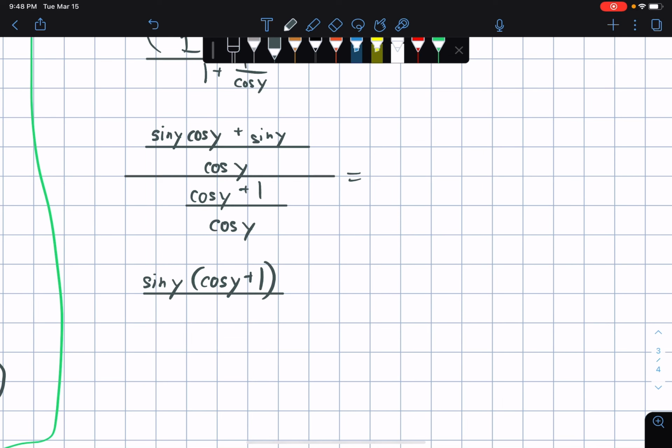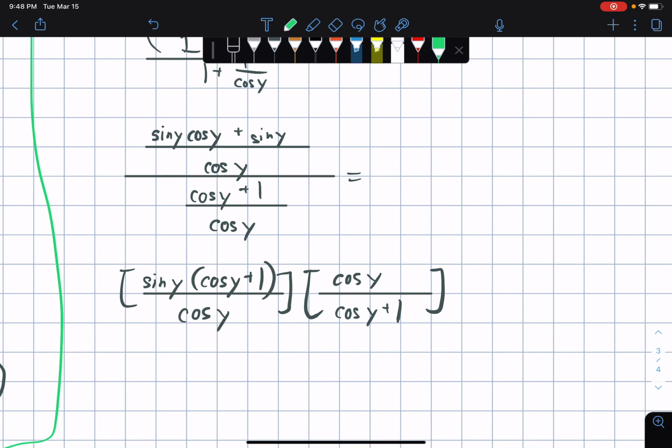All together, all the more we have cos y below it, and reciprocate, we get something like this. So right now there are two like terms that we could cancel, this one and this one. Now we are left with sine y.